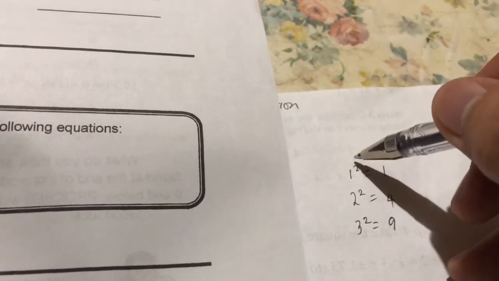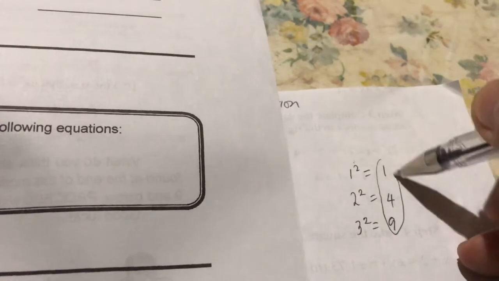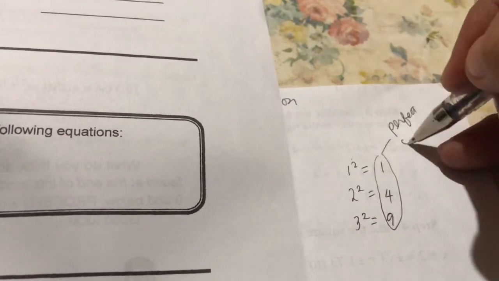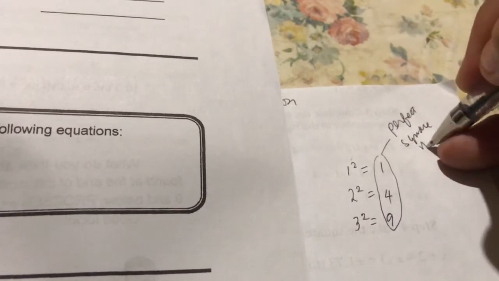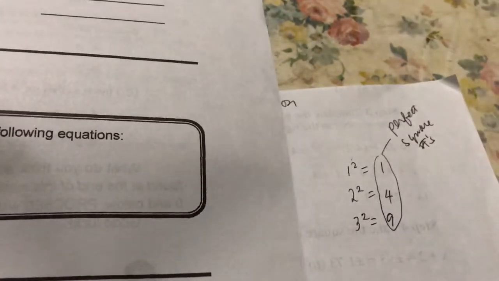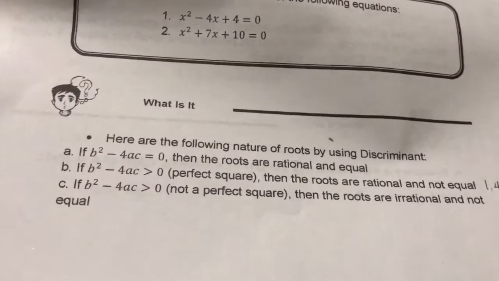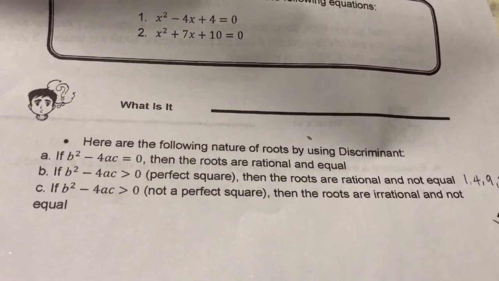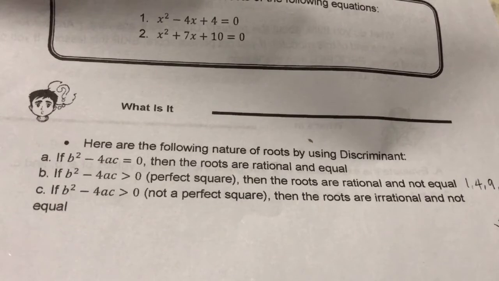As you can see, lahat ng mga in-square mo, ang lalabas ng mga sagot, ito yung tinatawag nating mga perfect square numbers. Okay?